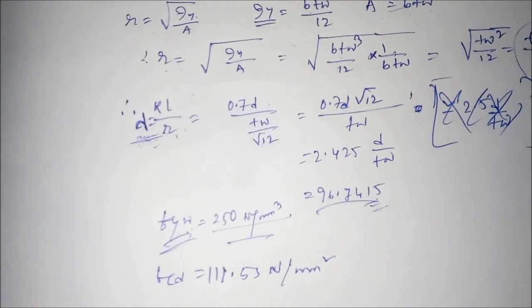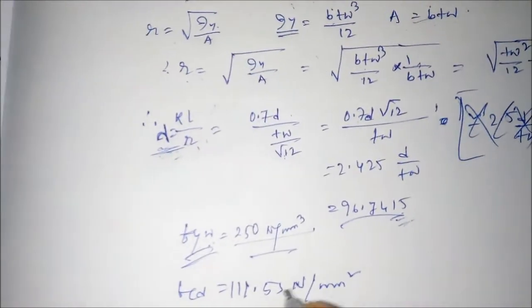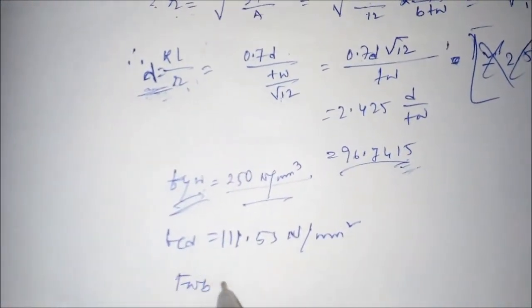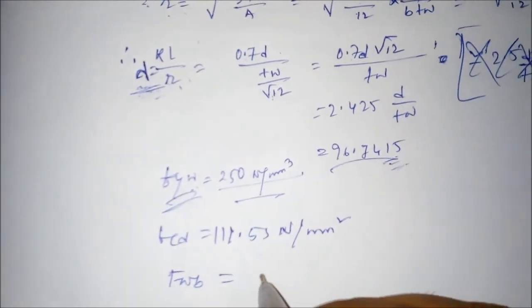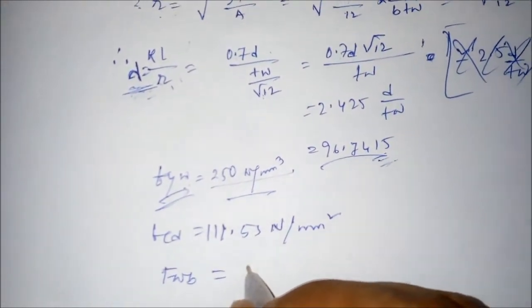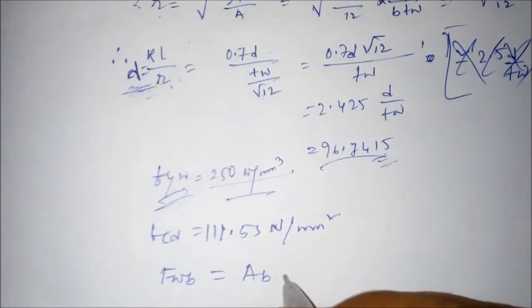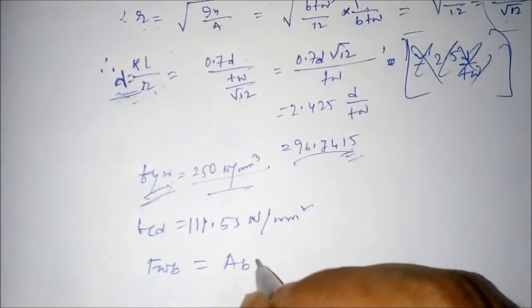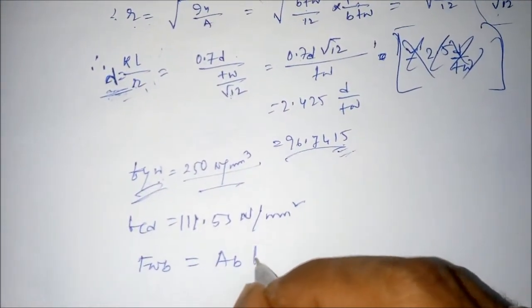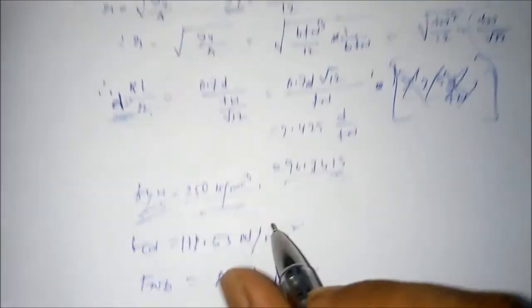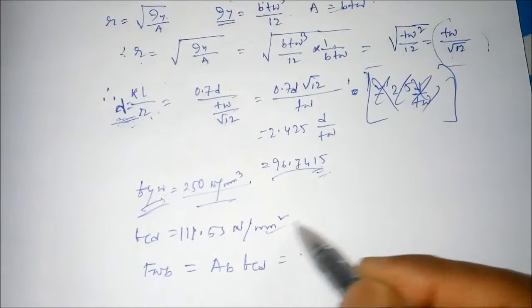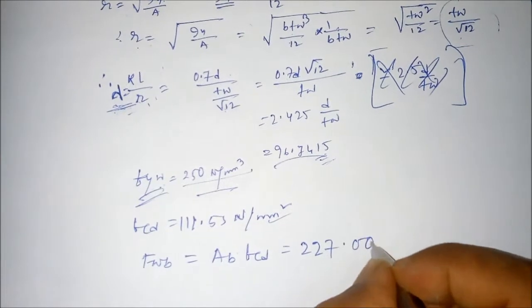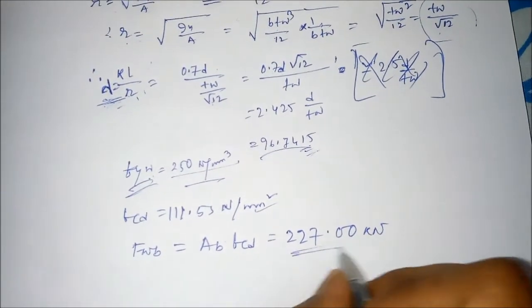This is the design compressive stress, and that means the ultimate capacity for buckling will be equal to AB, this area, into the strength, that is FCD. Putting the value of AB and FCD, we get this strength against buckling as 227.00. This is the strength to restrict the buckling.